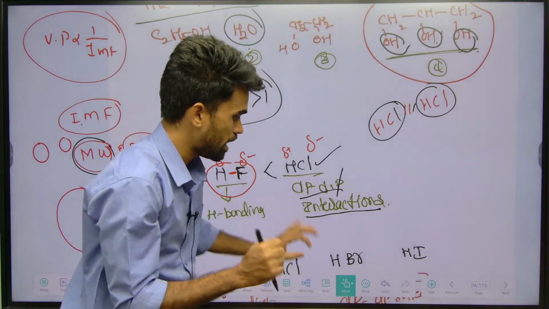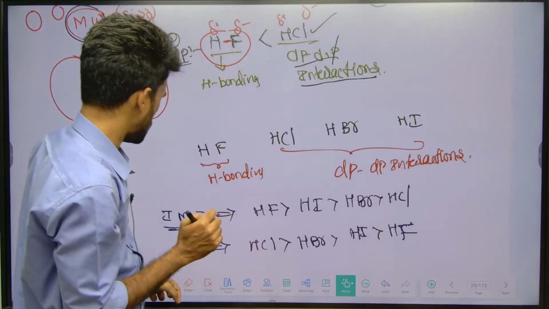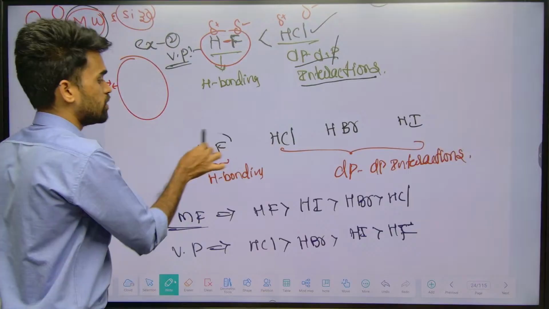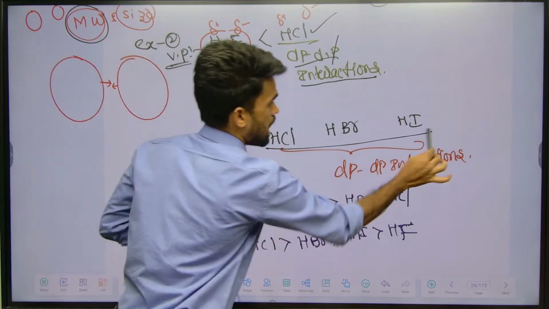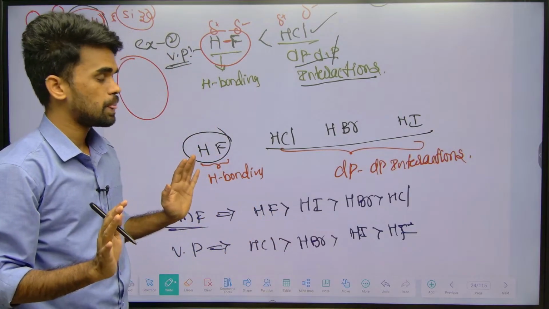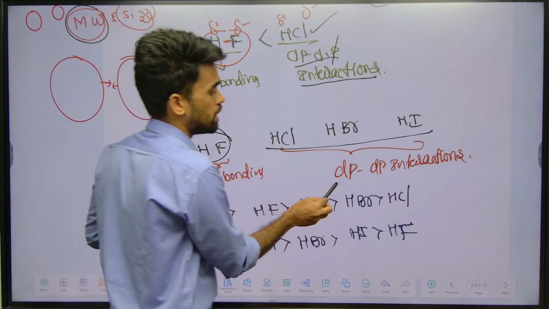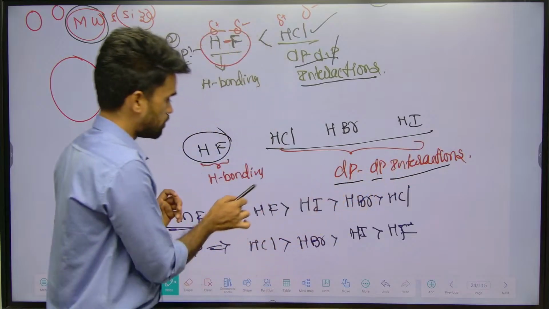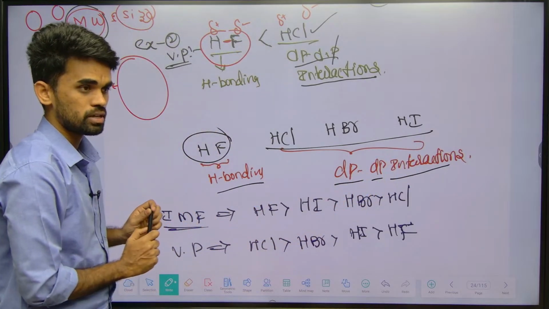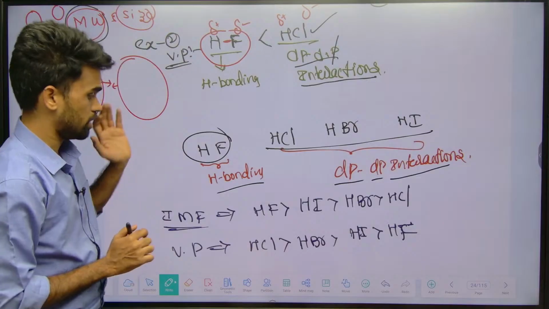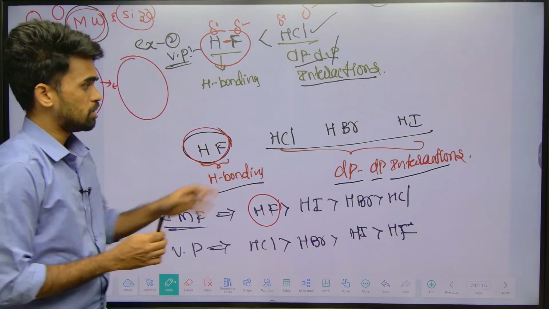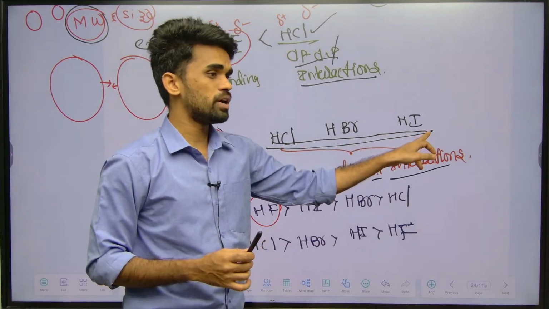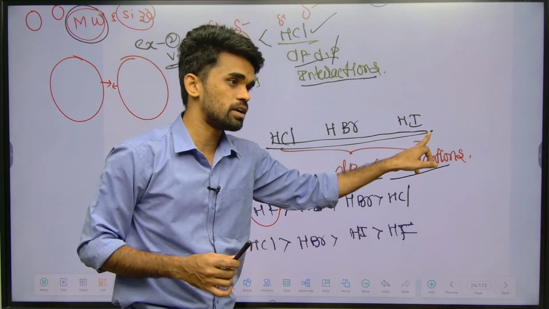Now why am I saying this? Because if you observe these molecules, HF, we know hydrogen bonding is there between HF molecules, but for these other halides there is no hydrogen bonding. They have only dipole interactions. So intermolecular forces are highest in HF, but there is no hydrogen bonding among the others. So what did I tell you to consider now? Size.